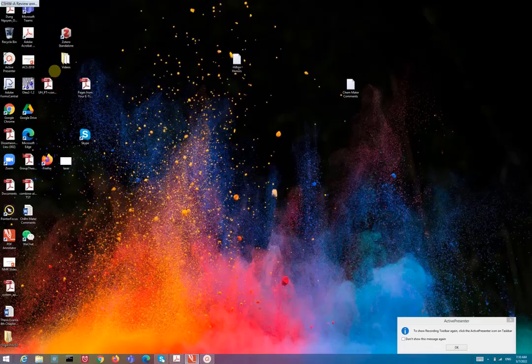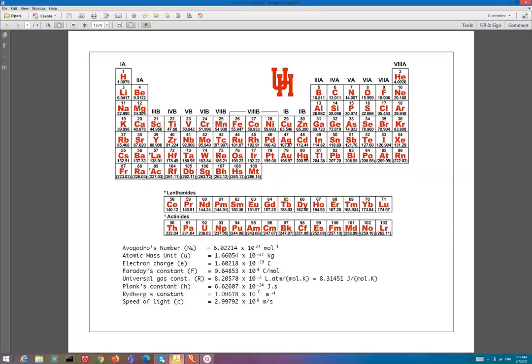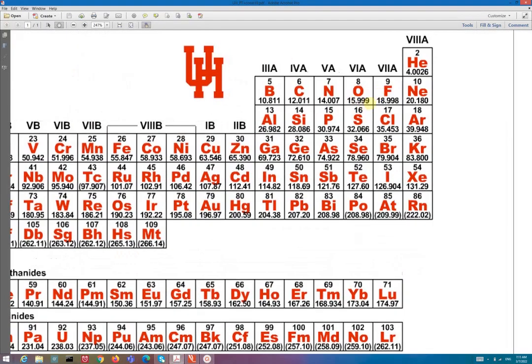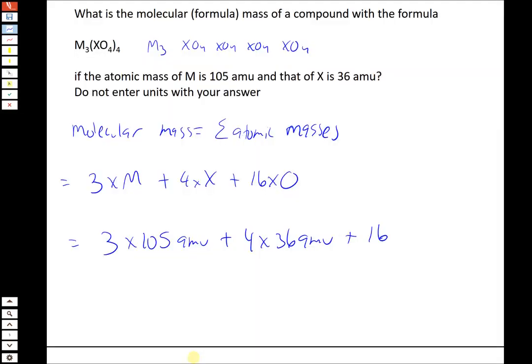Oxygen is here, and the number below, 15.999 or 16.0, which is certainly close enough for this problem. That's going to be the atomic mass of oxygen, the number below it on the periodic table. So 16 times 16 AMU.